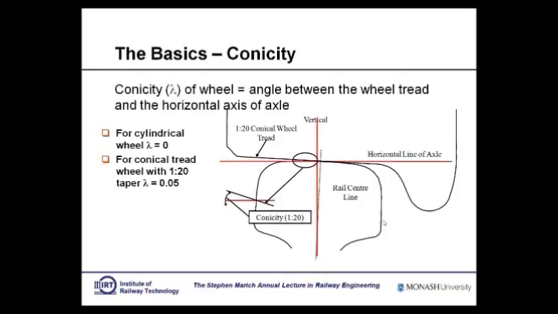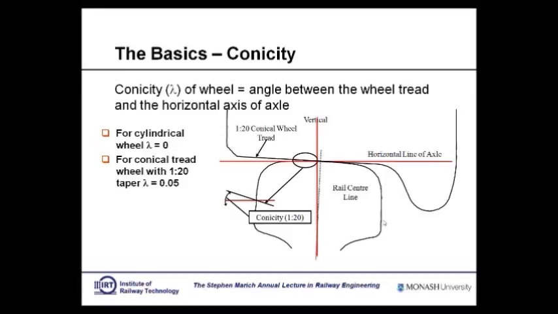The word conicity is the angle of the wheel taper, the wheel tread. Here is your wheel sitting on top of a rail, wonderfully so, brand new wheel, brand new rail, and it's the angle that the wheel tread makes with the horizontal line of the axle. Conicity, that flows off the tongue.